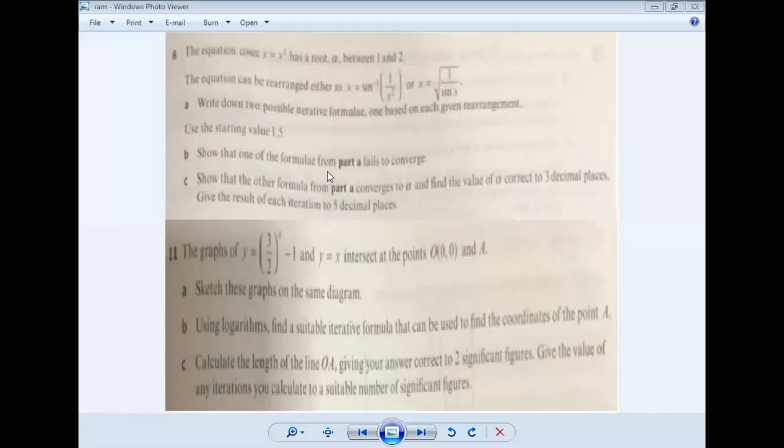What is meant by the iterative method? For finding the approximate value, the nearest value of the root, we use the iterative method.